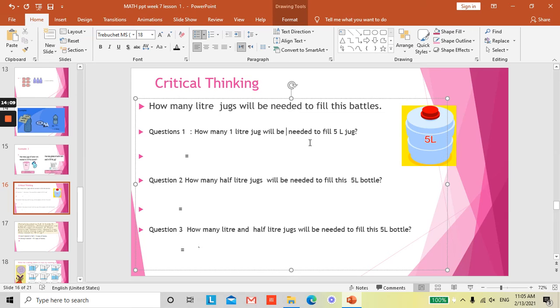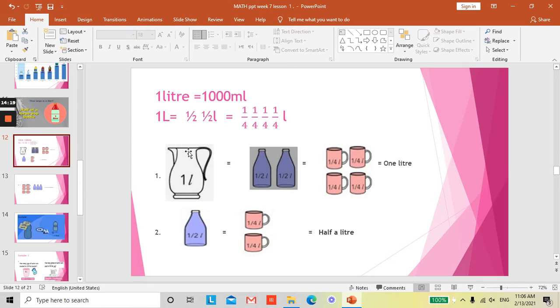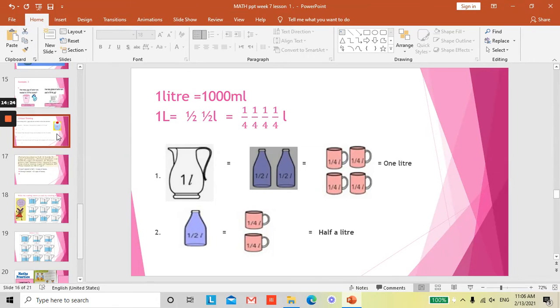If you use a 1 liter jug to fill, let me look for the 1 liter jug.